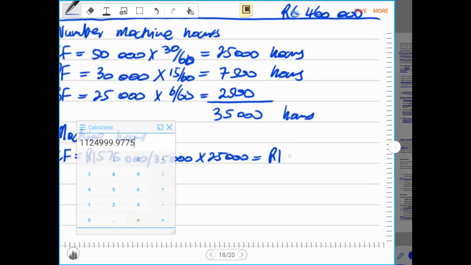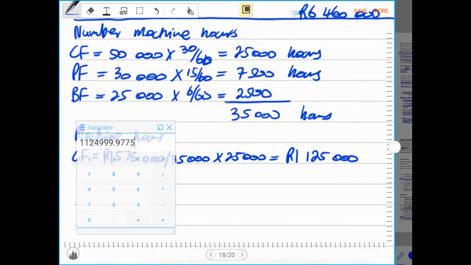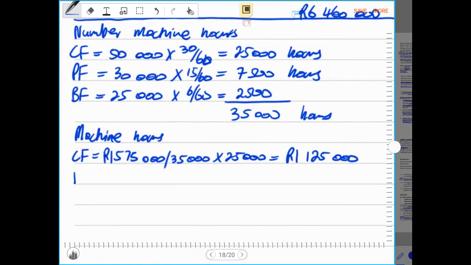It gives 1,125,000 exactly. 1,125,000 rounded off.